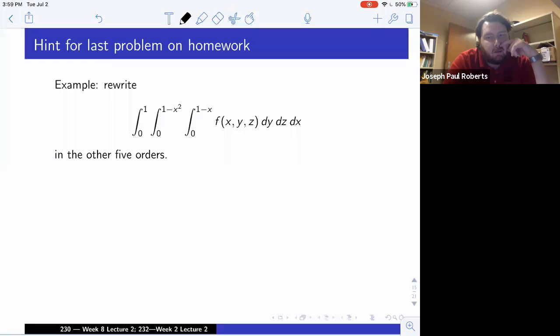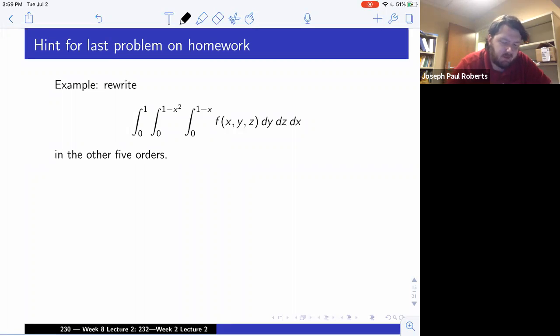So I briefly mentioned yesterday that there are 6 orders that we can do. And so sometimes you might have to split things up, and not everything can be done in a particular order in one piece. But yeah, the examples we'll have you do aren't going to be too terribly difficult to visualize.